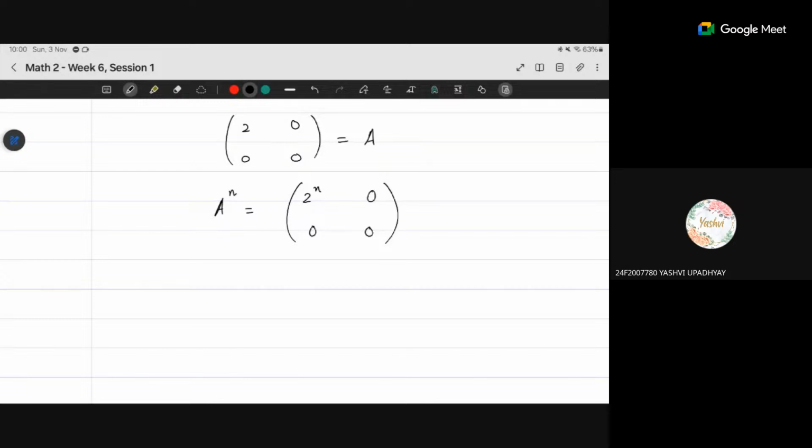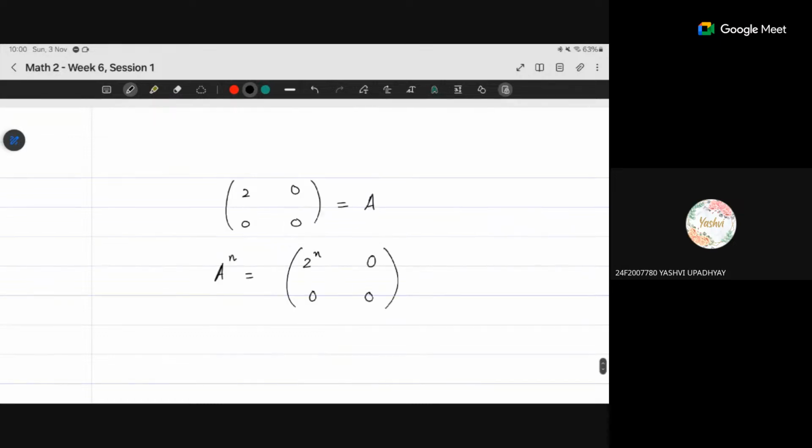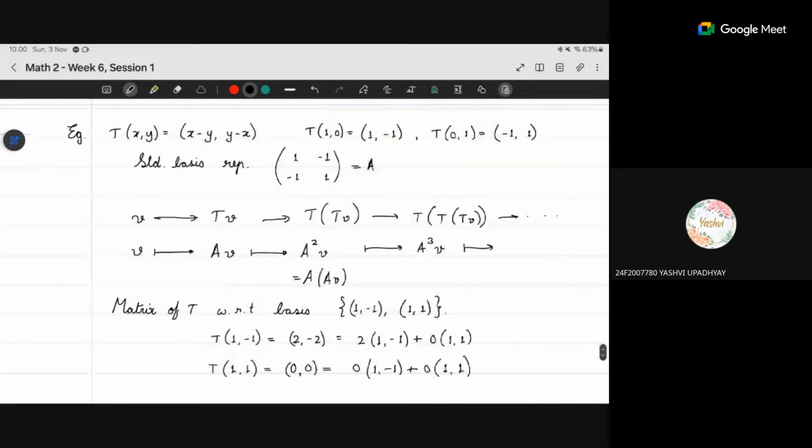So this matrix representation clearly tells me that if I keep applying the signal on the same vector, it blows up. The amplitude or whatever the thing is, it blows up. But that is not very clear from this, because computing A to the n in general may not be easy.